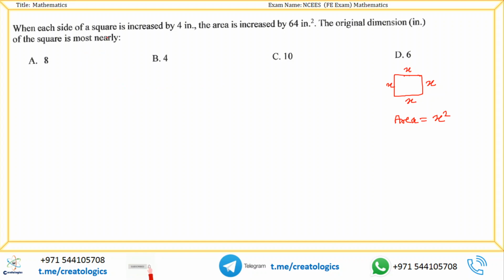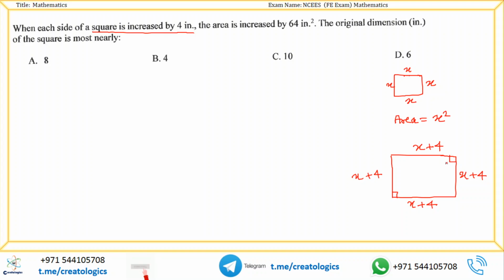We already have a square. The original square was having, let's say, x units of side length, and the question says the sides of the square are increased by 4. It means we are creating another square whose side lengths are x plus 4 this time, right? x plus 4. The original square had side length x, and the square which we create after that has side length x plus 4 units.